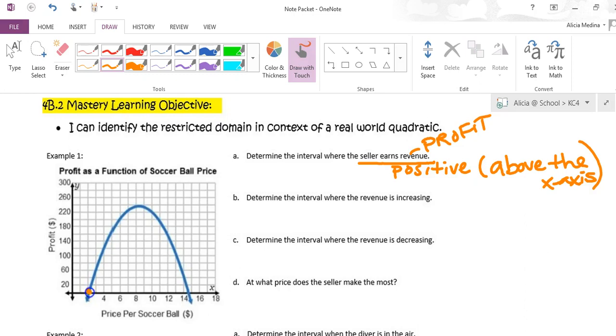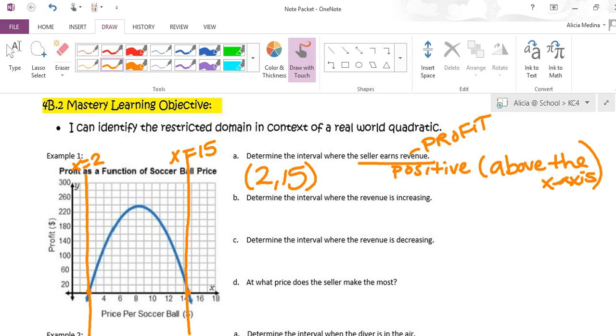I find that intersection point, which is at x equaling 2. And then my x-intercept, apologies, is going to be right here at x equaling 15. So between those 2 points is where my graph is positive, so that is where my seller is making revenue. So from 2 to 15, he is making a revenue.